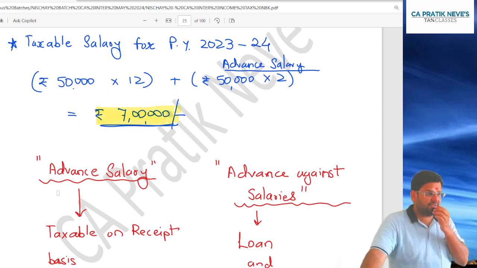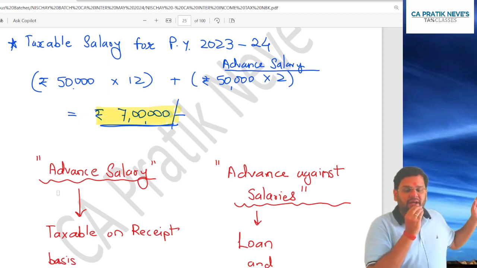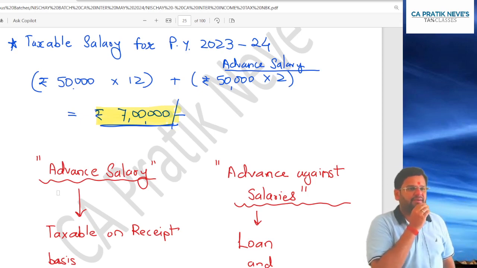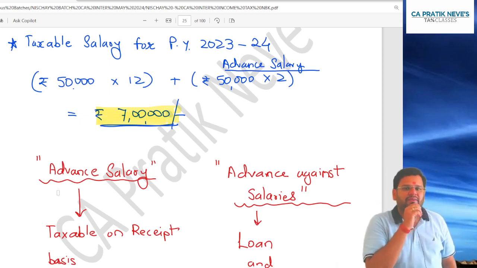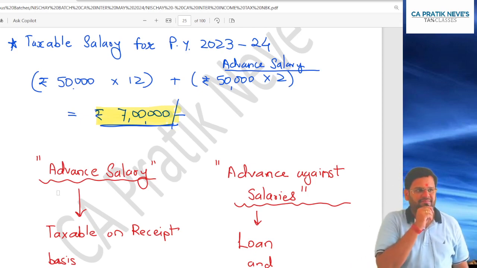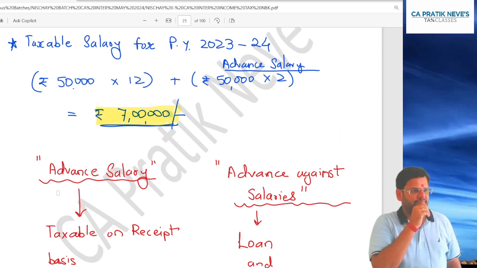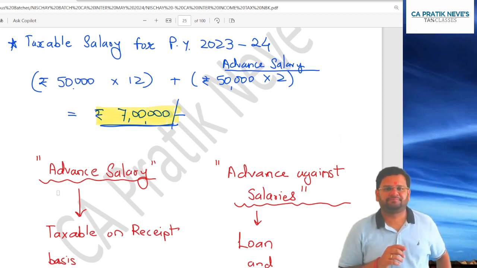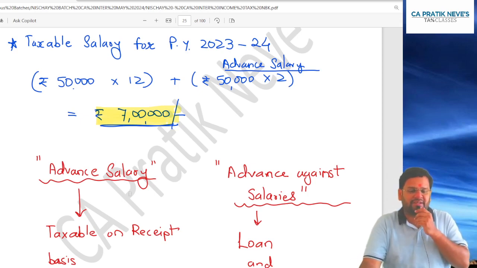So just write down the difference between advance salary and advance against salary. Understood now? Advance salary, as you have learnt, is taxable on receipt basis, but advance against salary is what?